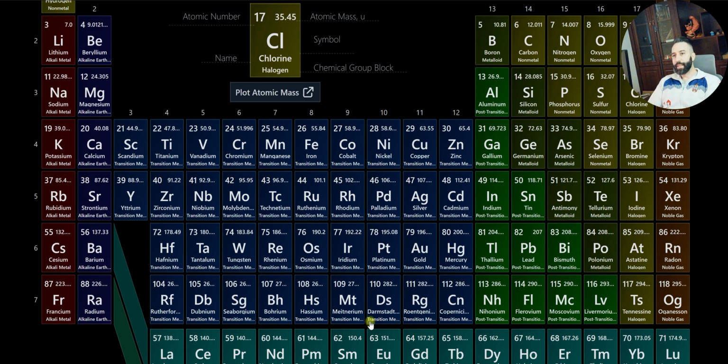So let's represent the nucleus. The nucleus is made of protons, which are positive and are usually marked as P+, and neutrons, which are neutral and are usually marked as N0.